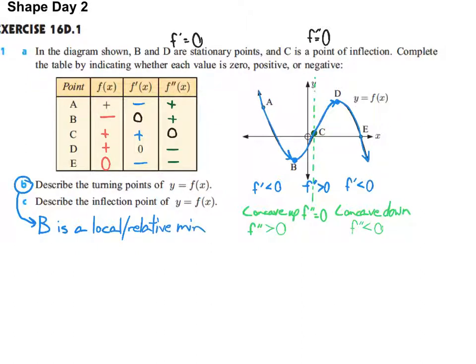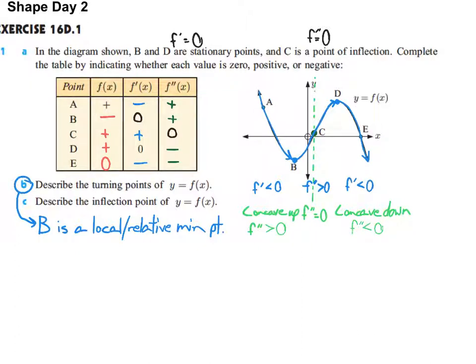And that's all you have to do? That's all you gotta say, yeah. Now notice here, relative or local min is important, because notice on the right hand side the function continues down to negative infinity. So it's not a global min, but it is a local minimum point. It's a change in direction.